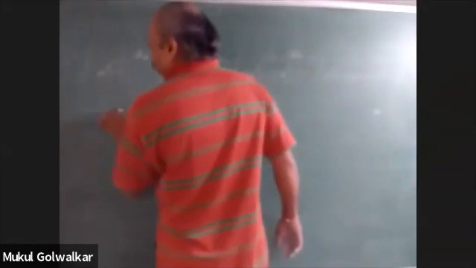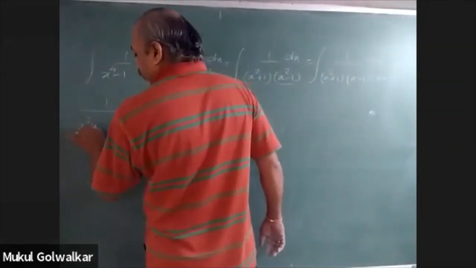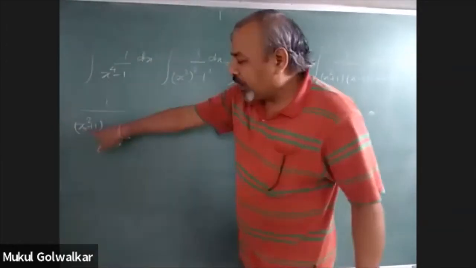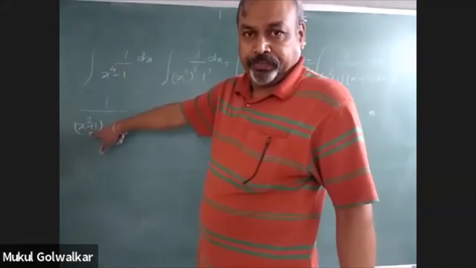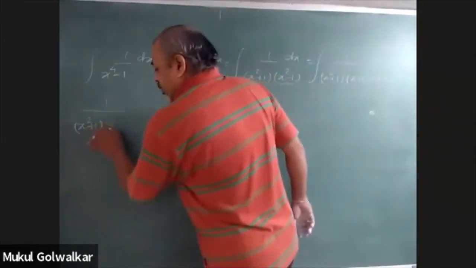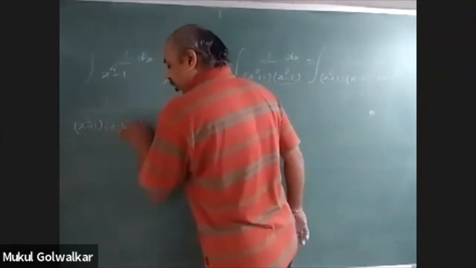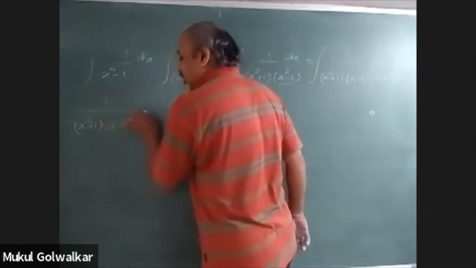Now this expression contains one quadratic, x square plus 1. When you try to factorize this quadratic, it cannot be factorized into real linear parts. And x minus 1 and x plus 1 are already real linear factors.